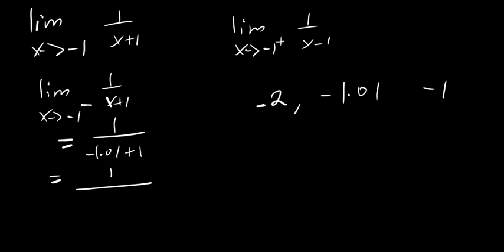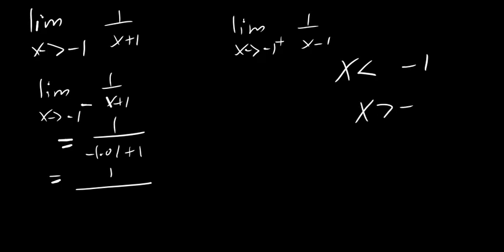Okay. In simple terms, let me do this. When we're looking at the limit as x approaches negative 1 from the left, what I want you to understand is that we want a number that is less than negative 1. That is the one we want. When we are talking about x approaching negative 1 from the right side, we are going to get a number that is greater than negative 1.